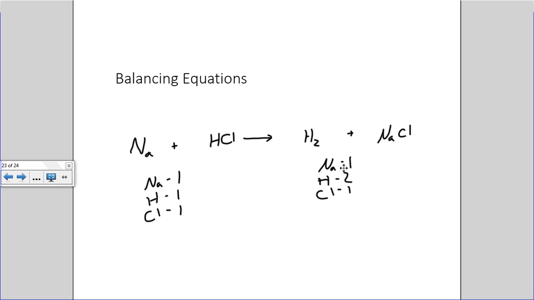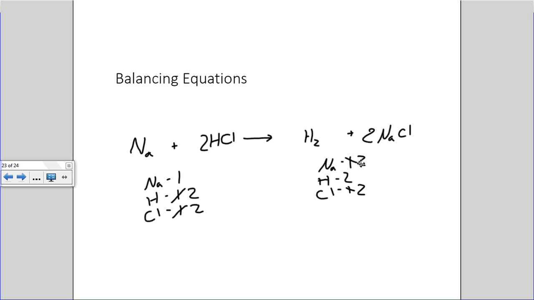Let's balance this. We have 2 H's on this side, so let's make 2 H's on the other side. I'm going to make a 2 there. That's going to change that 1 into a 2, because 2 times 1 is 2. It's also going to change this Cl into a 2. Now Cl is not balanced on this side, so if I put 2 here, 2 times Na makes that a 2, and 2 times Cl makes that a 2.